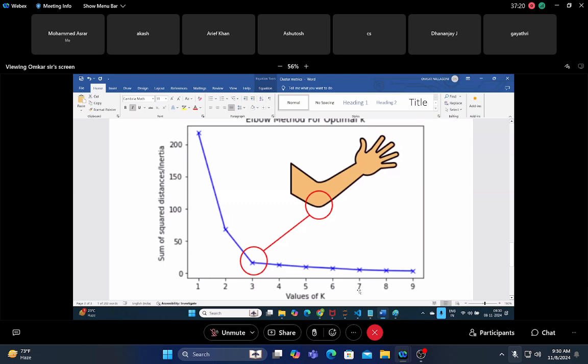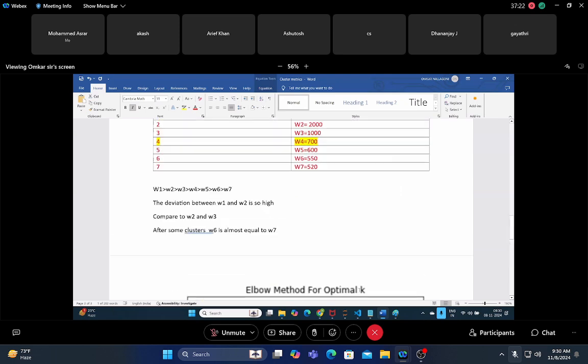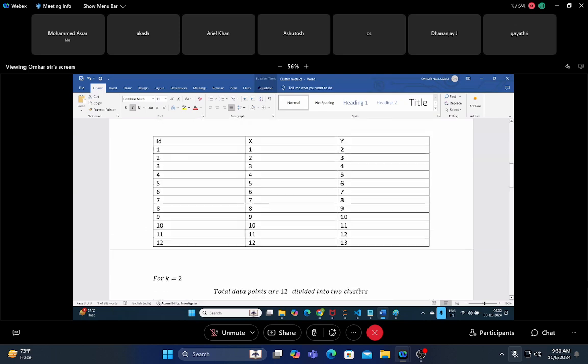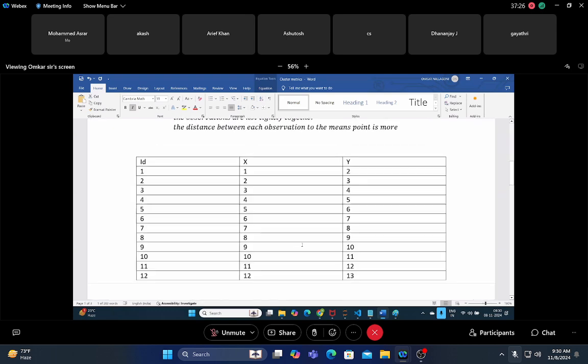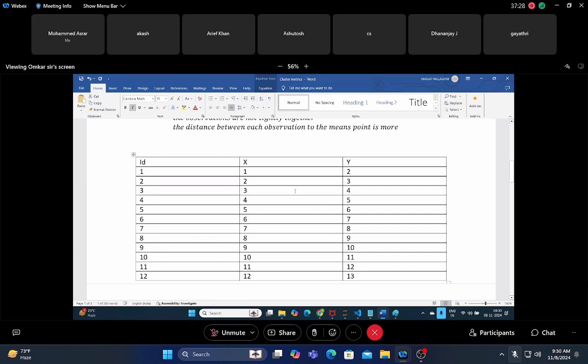We'll see it now. For that, we'll do some drill. These are the data points we are noting down. You need to do the single cluster, then divide into two clusters, then into three clusters. We need to calculate the centroid for this. I will give small, easy points.